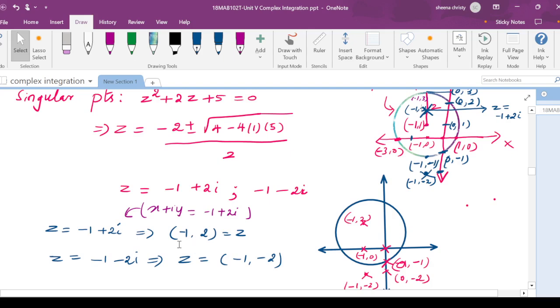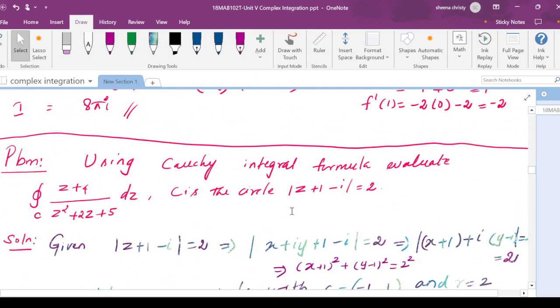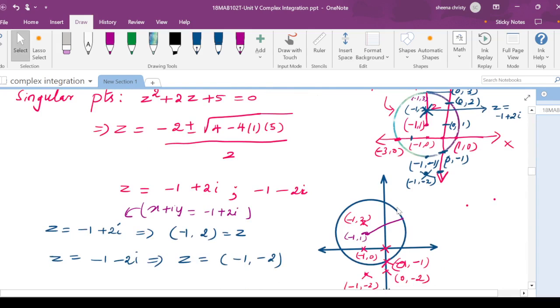Definitely we can see that since the radius of the circle is 2, with center (-1, 1), the point (-1, 2) lies inside C. Here also the radius is 2.